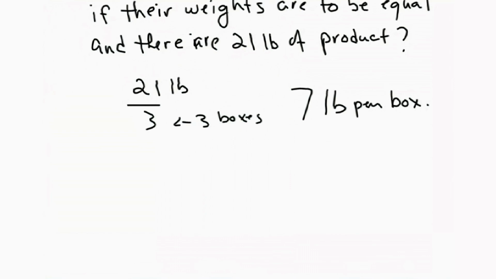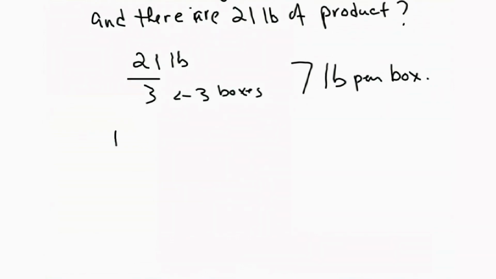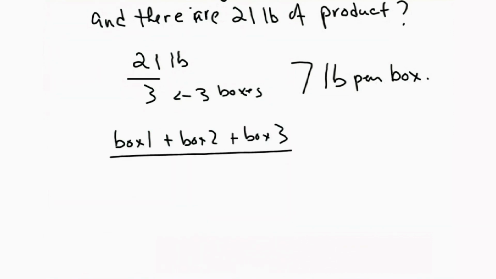It is an average, although we haven't really solved it that way. Watch this. How about box 1 plus box 2 plus box 3? So we have 3 boxes. So the average weight of the boxes, if we divide by 3, we have box 1, box 2, and box 3, all divided by 3 should be equal to the average.